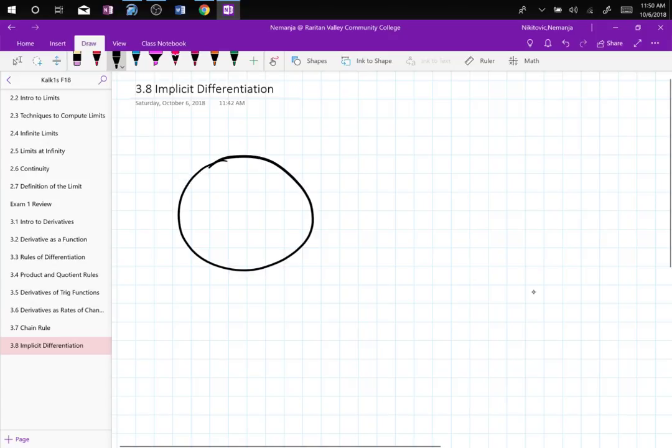If I consider a circle and I pick a point on the circle, that point has a tangent line to it, right? And we know that the slope of that tangent line is the derivative computed at value a. So if you work the logic backwards, there has to be a way to take the derivative of an expression that is not a function.